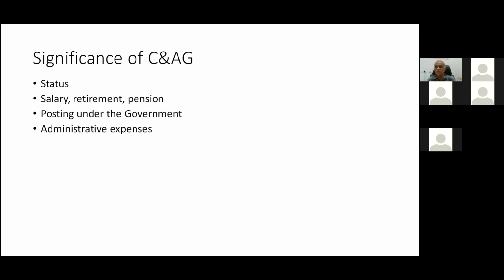It is not possible, because the administrative expenses of C&AG, in the code itself, were written to be treated as charged expenditure. When it is charged expenditure, it is sanctioned by the President. Even though we take it from the Consolidated Fund of India, it is not voted expenditure. It is charged expenditure. This is how we have to treat it.